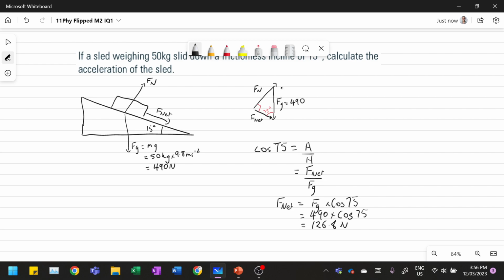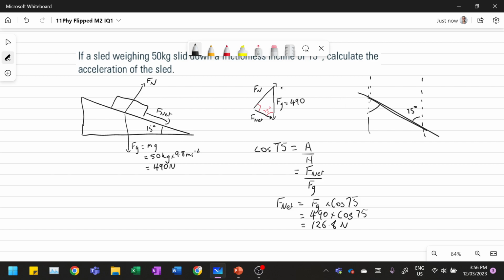We then also need to do a little bit of work to figure out what the bearing is. To do that, I'm going to draw two sets of perpendicular lines which run north-south. We then have our Fnet vector, which essentially works as a transverse line. We know that this is 75 degrees.